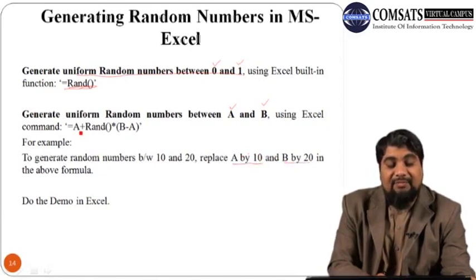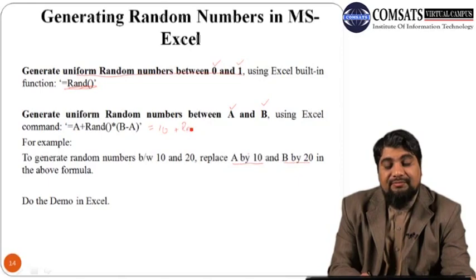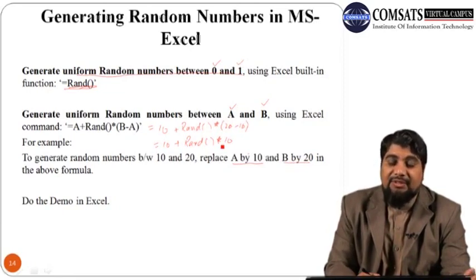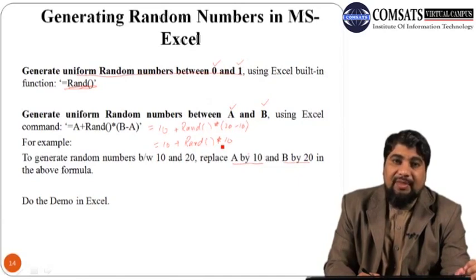The formula will be 10 plus RAND times 20 minus 10, or you can simplify it to 10 plus RAND times 10. By using this formula we can generate uniform random numbers between any two given limits.